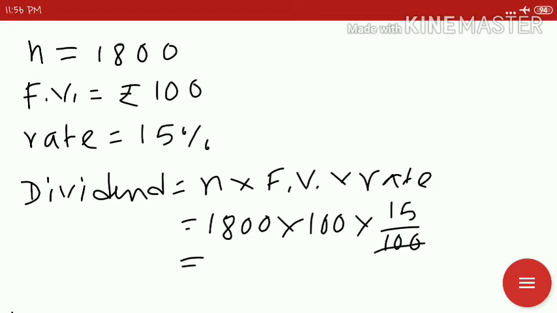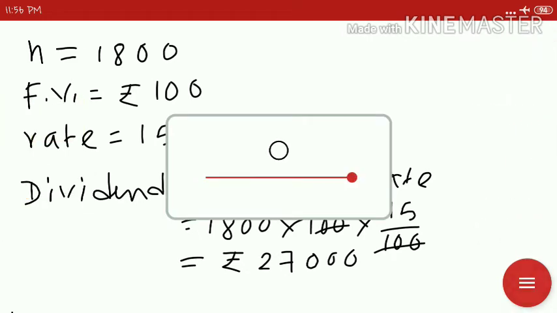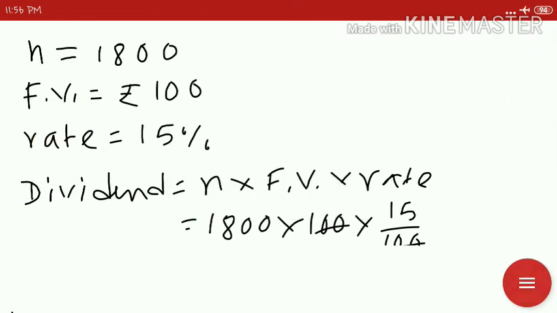Now you can cancel those hundreds, and by multiplying 15 with 1800, you will get rupees 27,000. That's 27,000 she will get on the total of the shares. And now we need to find out the return percentage.